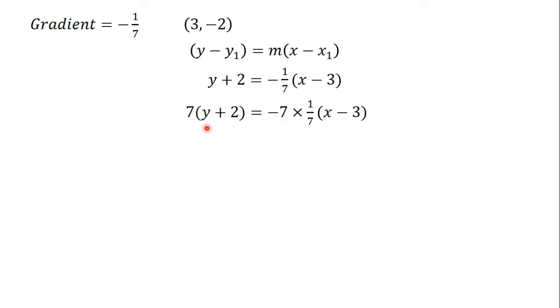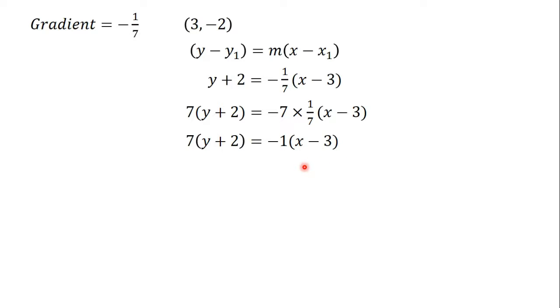So we have 7(y + 2) = -7 times 1/7 (x - 3). 7 will cancel 7, so we are going to have -1 times 1, which is -1. So -1(x - 3).